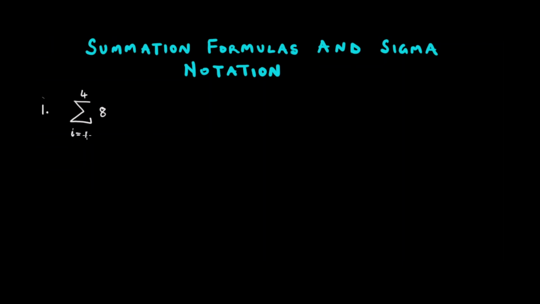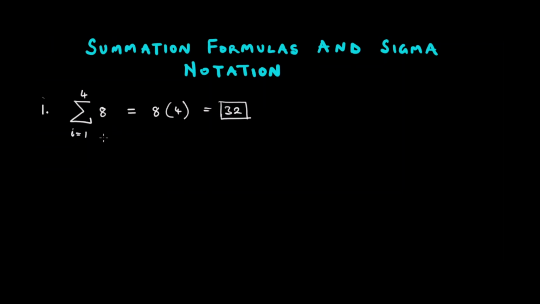Our lower bound is 1, because here it says i is equal to 1. Our upper bound is 4, but the relationship we are going to be using is the 8. How do we solve this? This is going to be equal to 8 multiplying 4, and 8 times 4 is equal to 32.